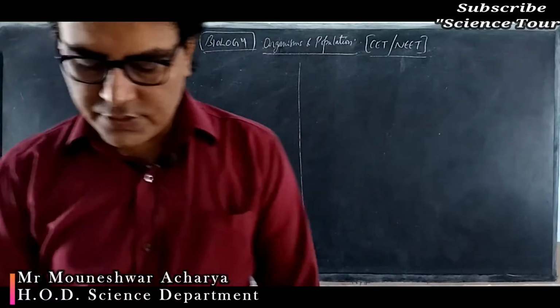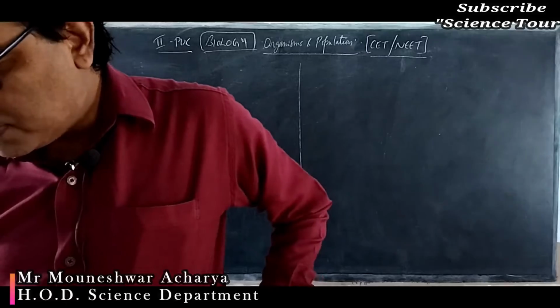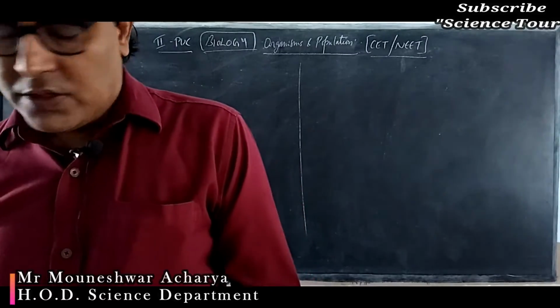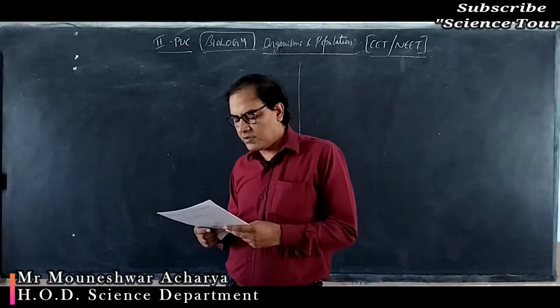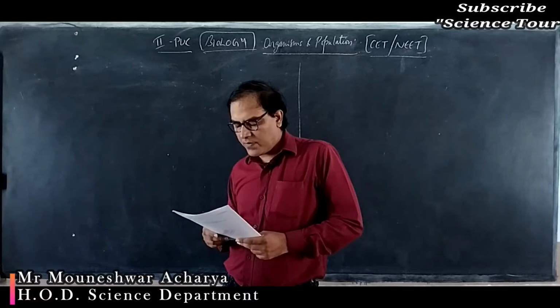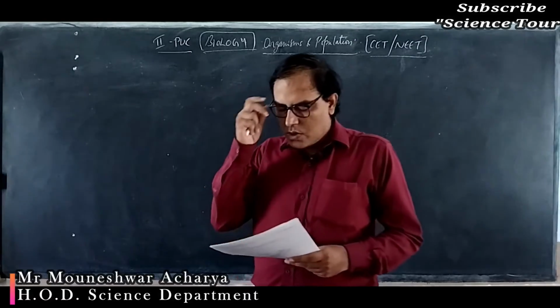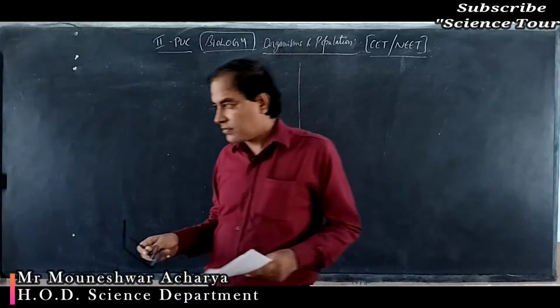So take out the worksheet, students, which I have sent you under Organism and Populations. We will discuss the questions one after the other. First question, number 1. A population is a group of organisms of one species occupying a defined area in a given interval of time.